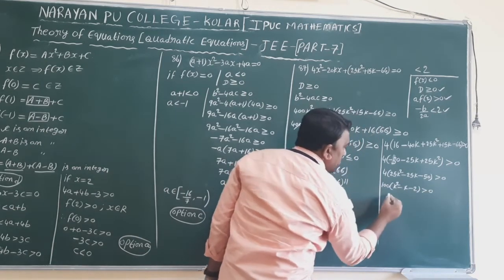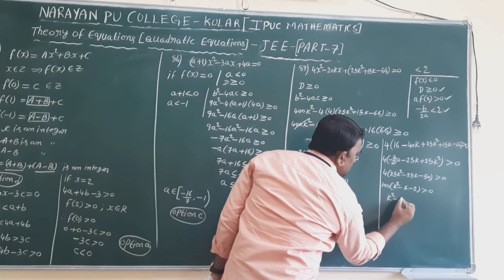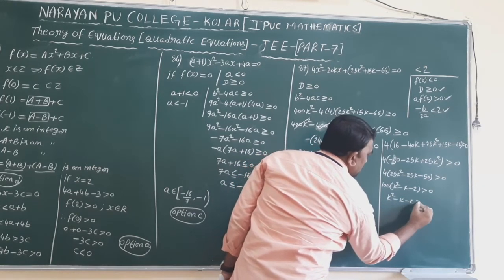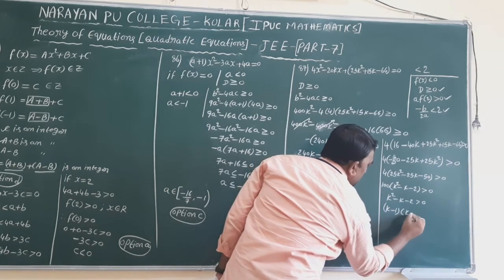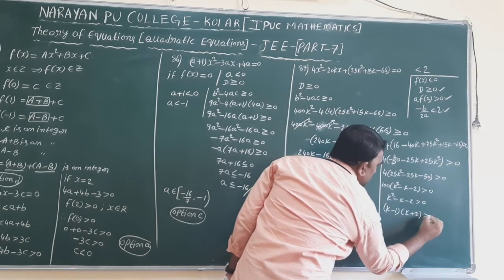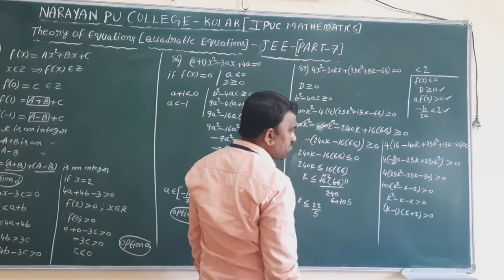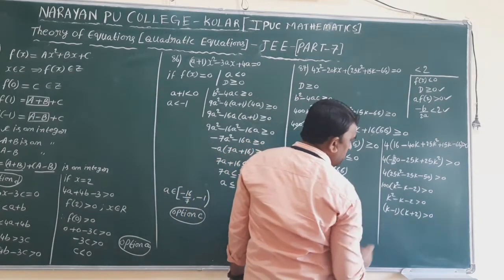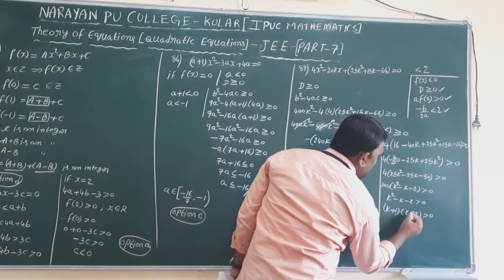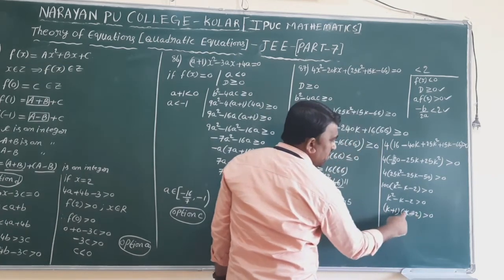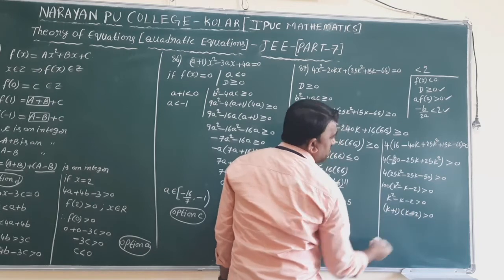Divide with positive number 100: k² − k − 2 is greater than 0. This we can write (k + 1)(k − 2), then k² − k − 2 we will get.